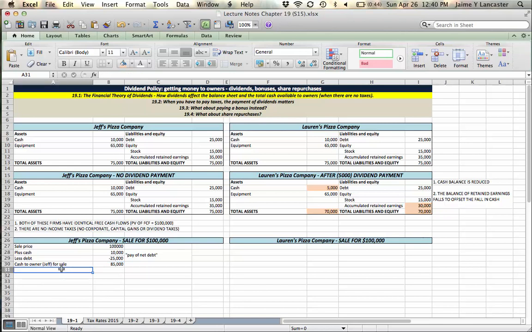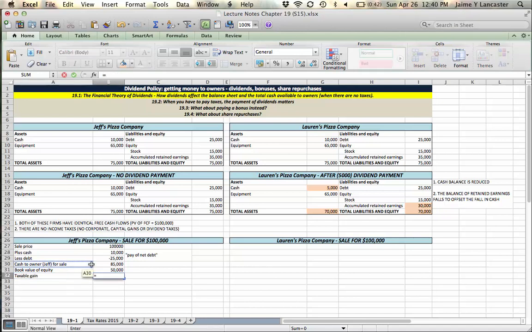However, we have capital gains taxes to pay. So we need to look at his basis. His basis is the book value of the equity. The book value of his equity is the stock plus the accumulated retained earnings. And so he's got a taxable gain.